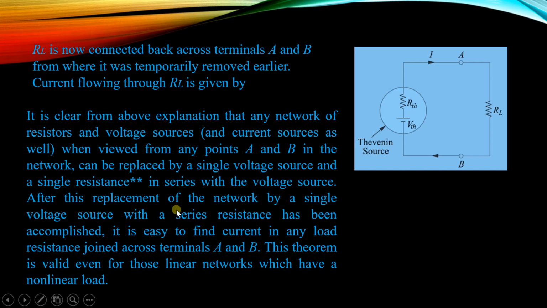After this replacement has been accomplished, it is easy to find the current in any load resistance joined across terminals A and B. Here, as shown in the figure, we joined the load resistance between terminals A and B. This theorem is valid even for those linear networks which have a non-linear load.